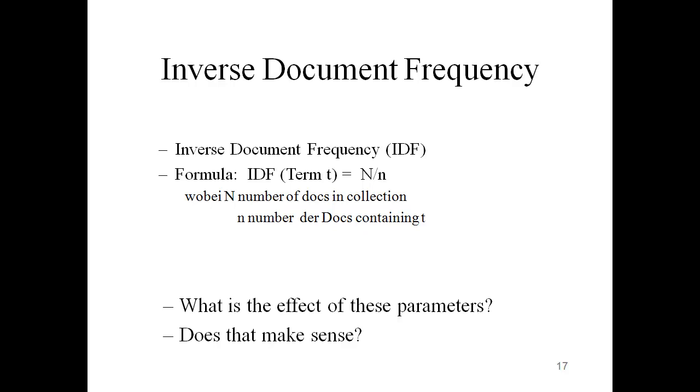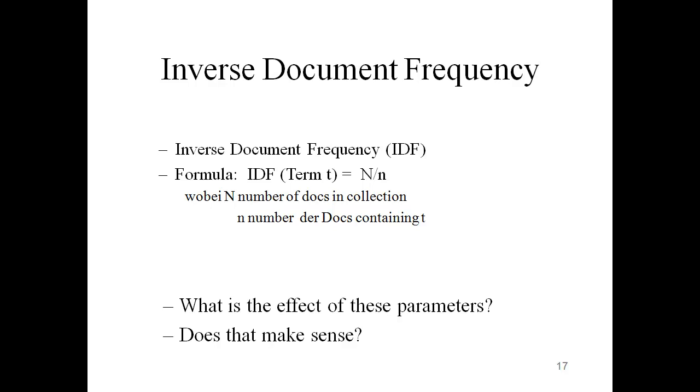And this is the second most important metric for weighting in information retrieval. It's called inverse document frequency. The frequency in how many documents does this word occur? Inverse, N divided by the number of documents in which it occurs, which would be our small n here.